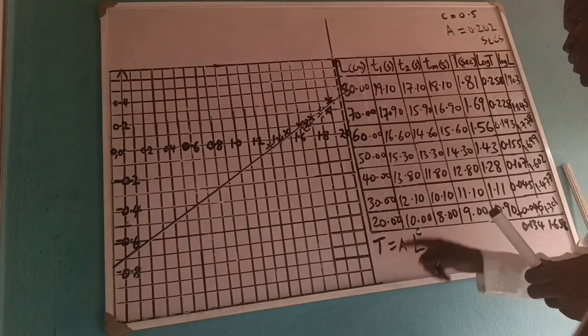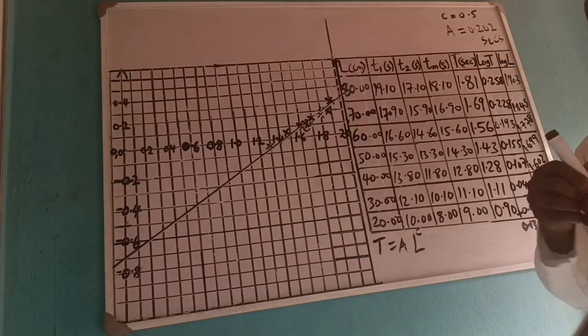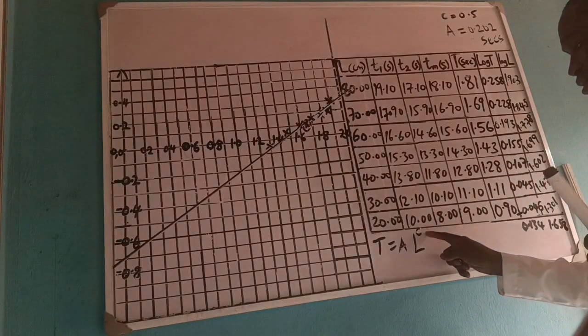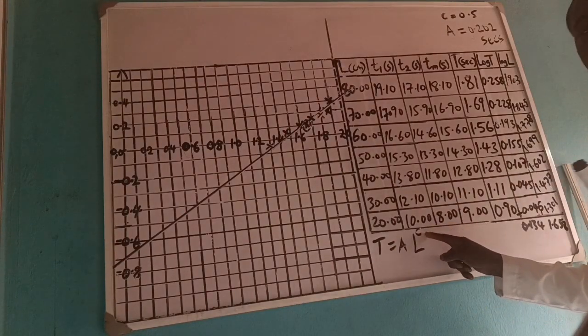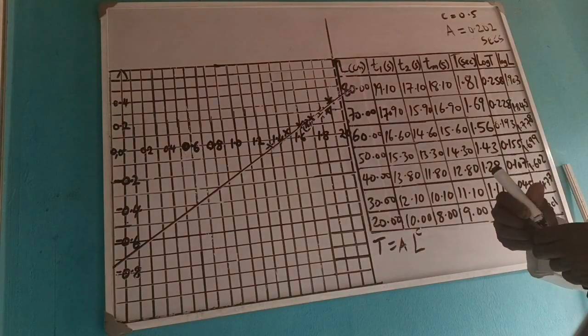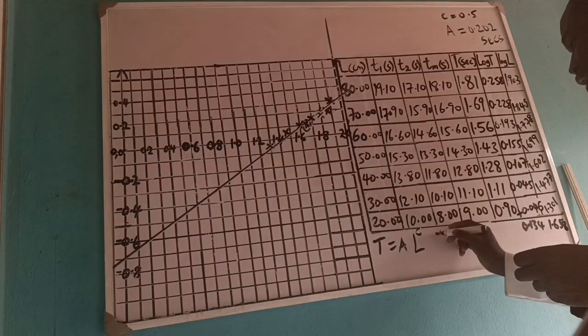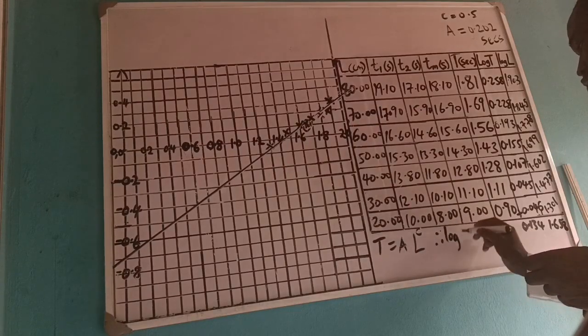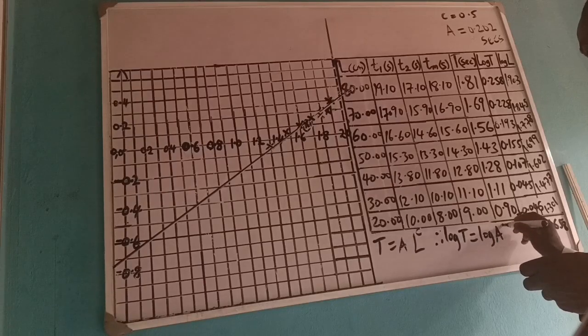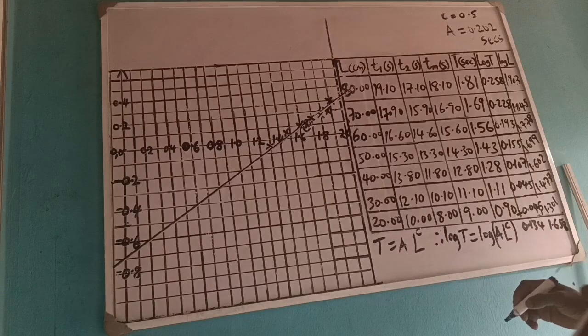To transform this equation now, you take the log of both sides. Why are you taking the log? So as to bring out this power of C, so as to bring it down. And how do you do that? Taking log of both sides, we have that log T equals log of A L raised to power of C, everything in bracket.